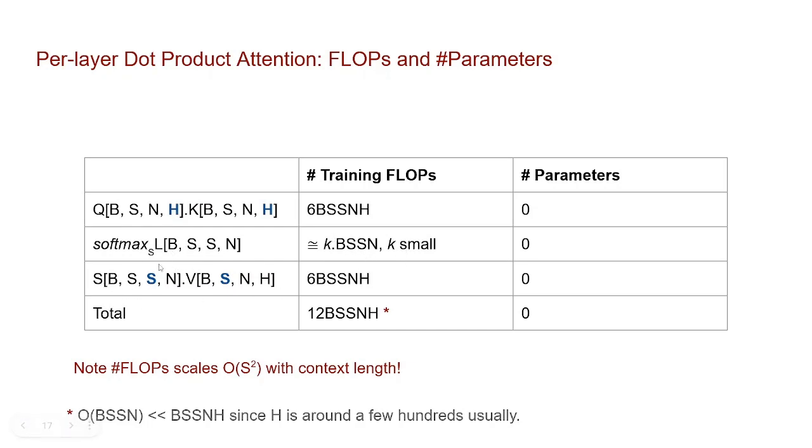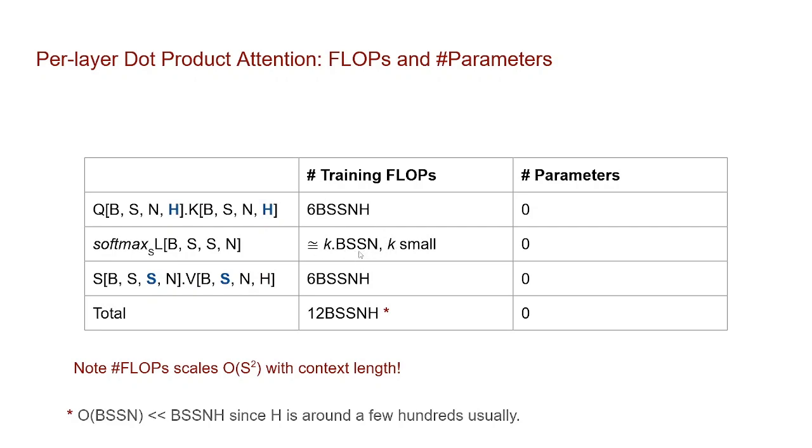And then we take these attention weights and multiply them with the value vectors to obtain this quantity, 6BSSNH training flops. So the number of flops for softmax is smaller than the other flops by a factor of H, and H is usually at least a few hundreds in modern transformers.